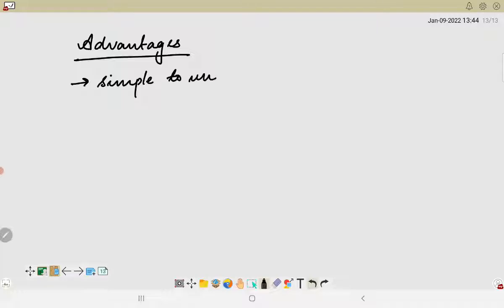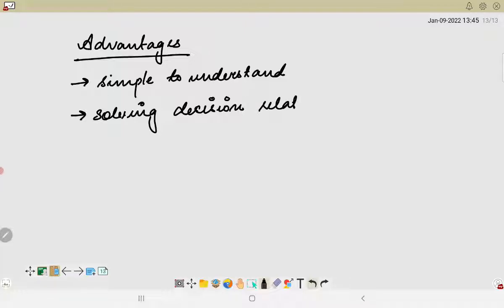It can be very useful for solving decision related problems, either in terms of yes or no, and it is very fast for these kinds of problems. Also, it helps to think about all the possible outcomes of a problem, and less data cleaning is required as compared to other methods.